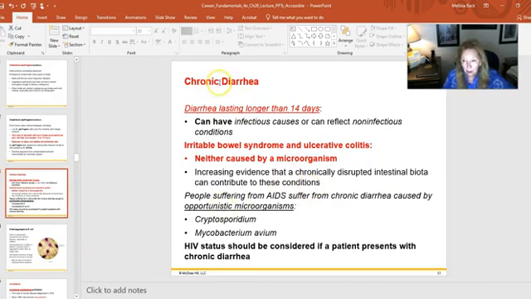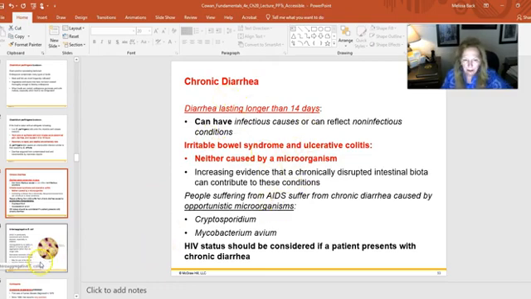Now, chronic diarrhea is a different thing. Something lasting longer than 14 days is considered a chronic diarrhea. Now, irritable bowel syndrome, which I know everyone has heard of, or ulcerative colitis, these are not caused by microorganisms. The incidence seems to be increasing in this diagnosis, but these are not associated necessarily with that.